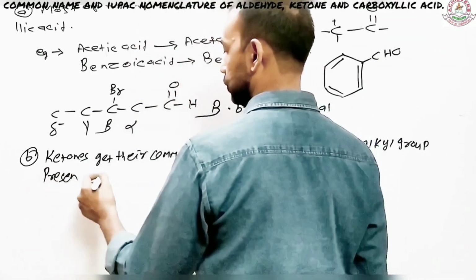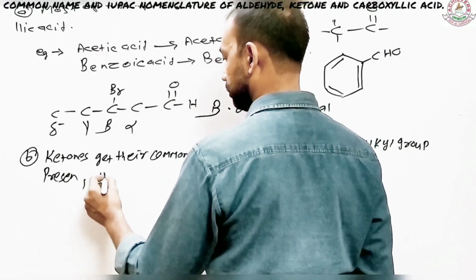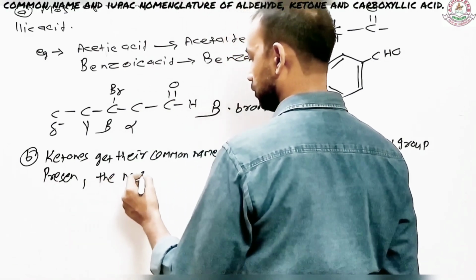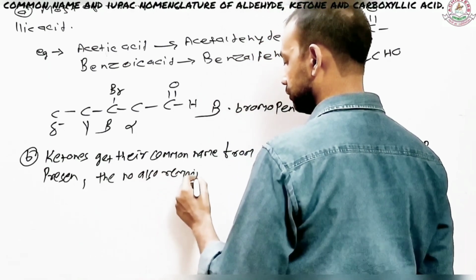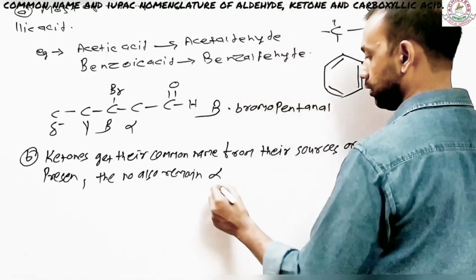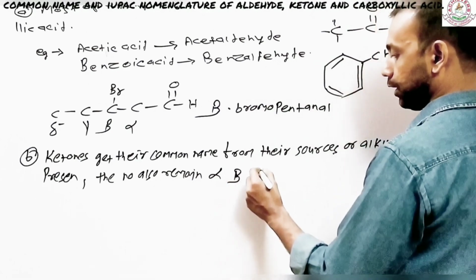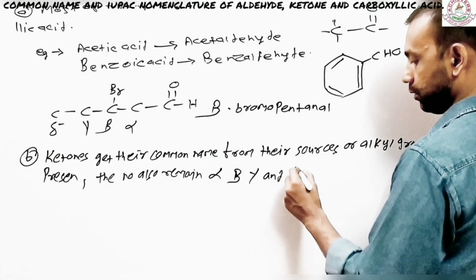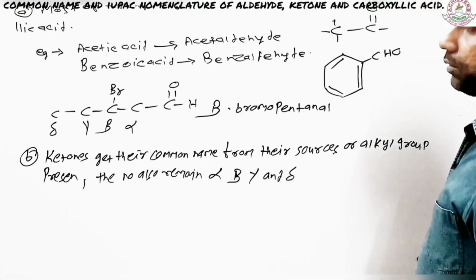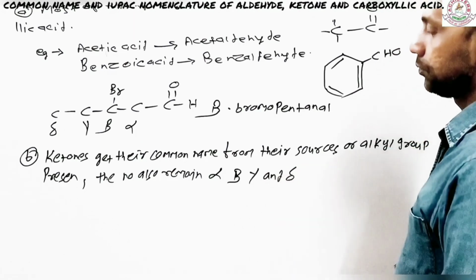The numbering also remains alpha, beta, gamma, and delta. Now let's take some examples.